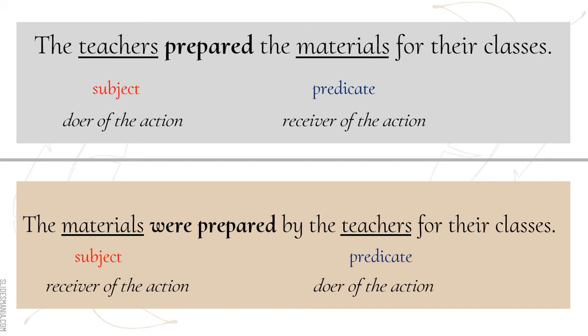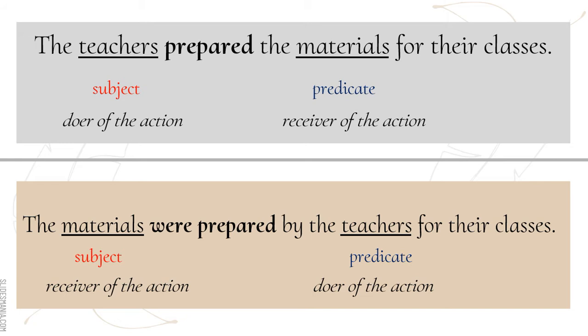Now, let us go back to the example. The materials were prepared by the teachers for their classes. So, what is your subject? Your subject in this sentence is the word materials. And the doer of the action is not the subject in this type of sentence.